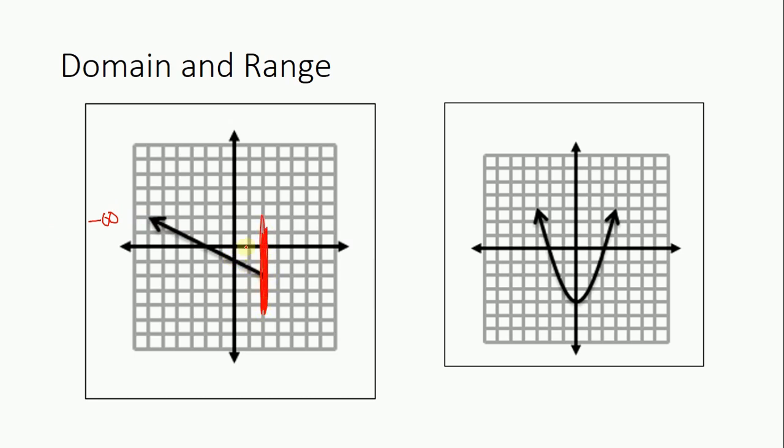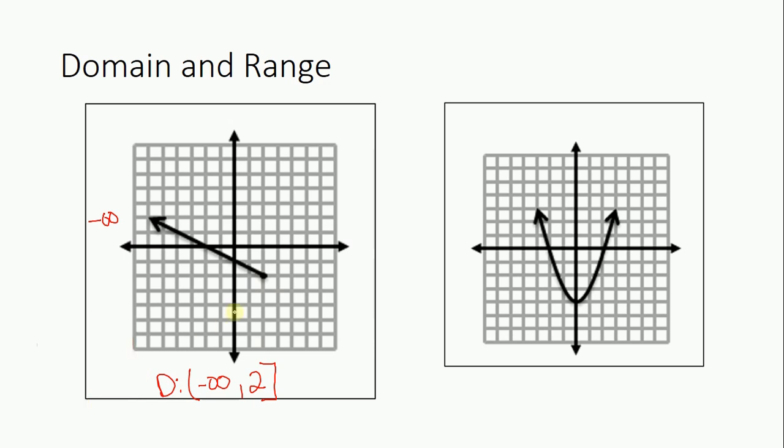So he stops at 2. So my domain would be from left to right. He's going from negative infinity, that's where he's drawing, all the way. He keeps on being drawn until he hits 2. I believe that was a closed dot, right? Yep, that was a closed dot right there.